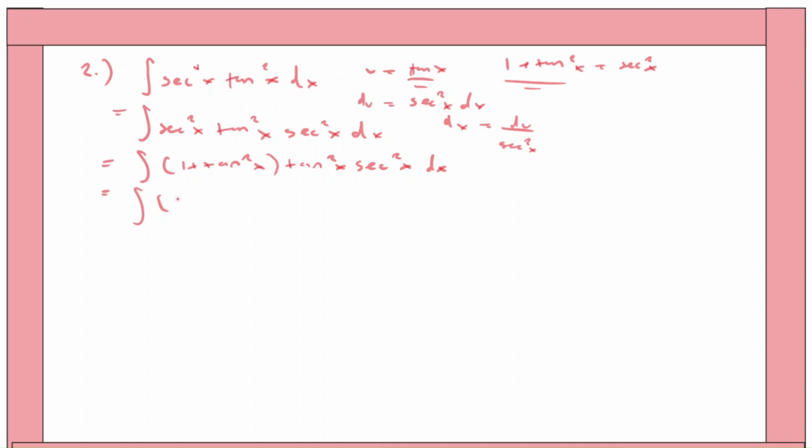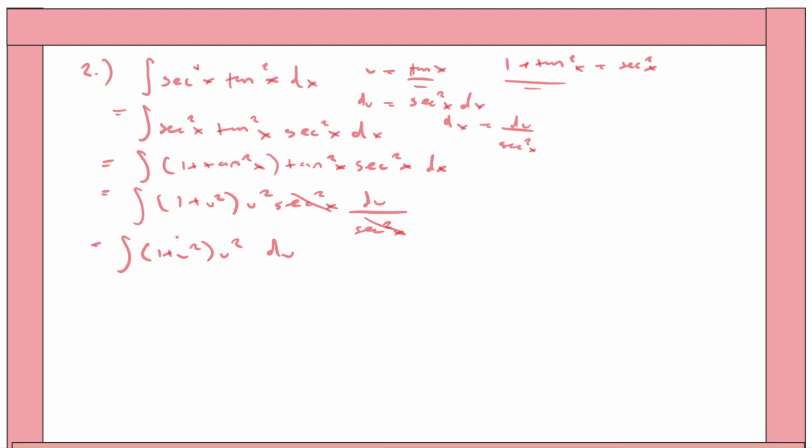So tangent is our u, so 1 plus u squared here. This tangent squared turns into u squared. We're going to keep the secant squared on the outside. The dx is equal to du over secant squared. So we can go ahead and cancel our secant squareds, as we knew we would be able to. Now we're going to be left with 1 plus u squared, times u squared du.